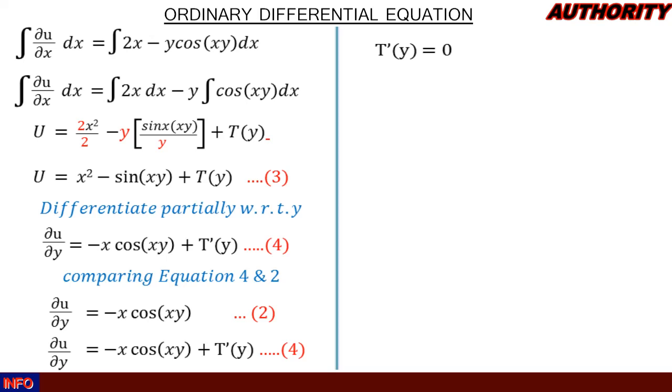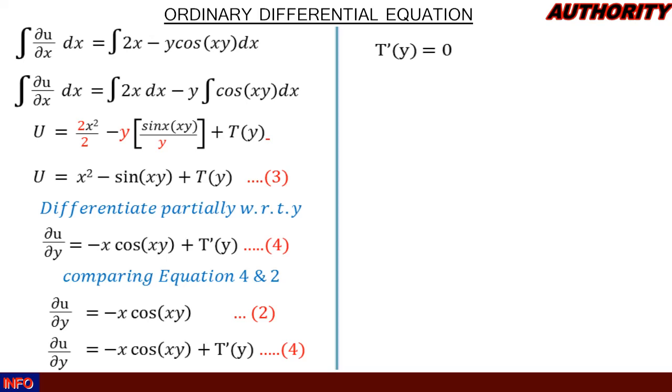In equation 2 we have minus x cos xy. We also have minus x cos xy in equation 4. And the only thing remaining is t prime of y in equation 4, which is equal to 0 in equation 2. We say that these two equations are equal. Okay, good. So here we say that t prime of y is equal to 0.